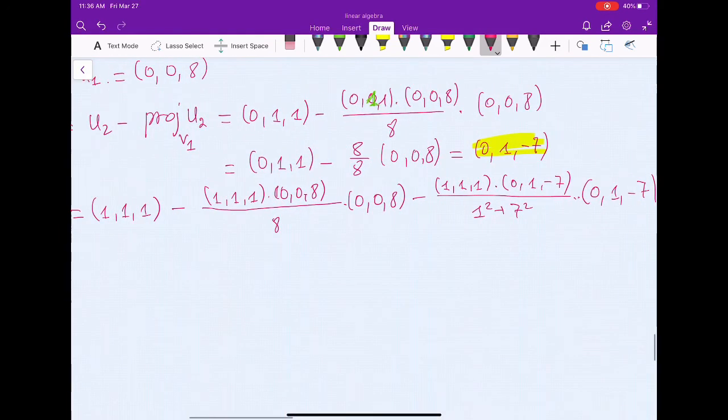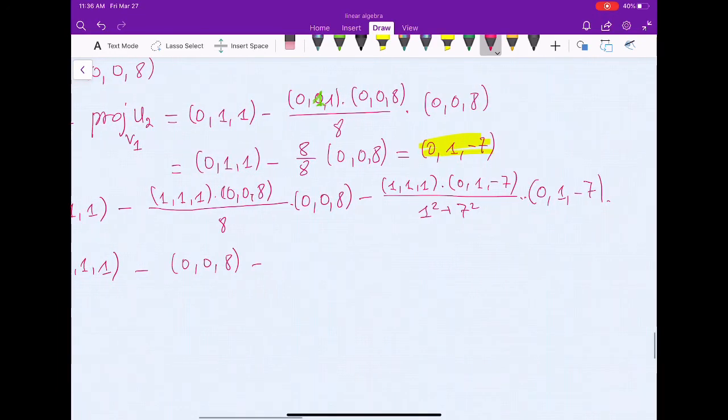At the end, I have (1, 1, 1) minus. This gives me again 1. So I have (0, 0, 8) minus, I have (1, -7) minus. So I have -6 in here, and here 40, I have 50. And here (0, 1, -7).